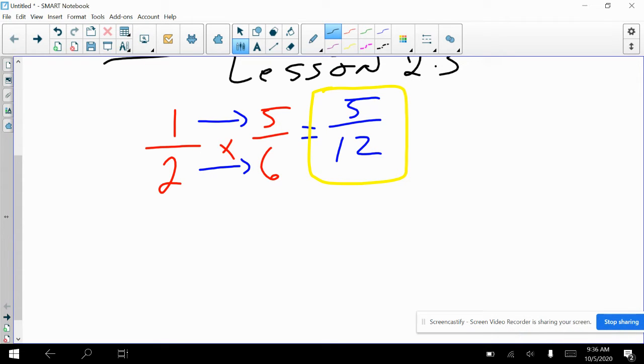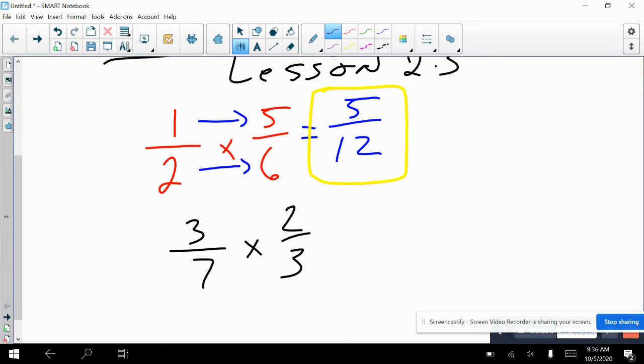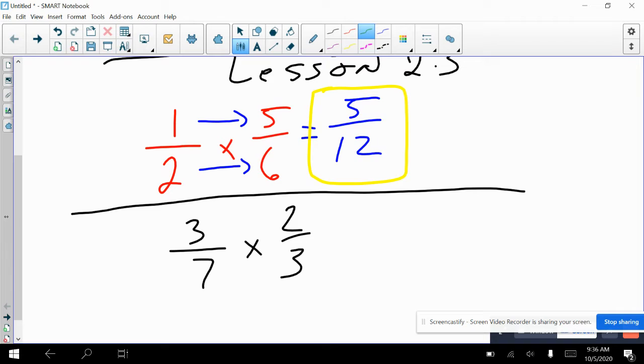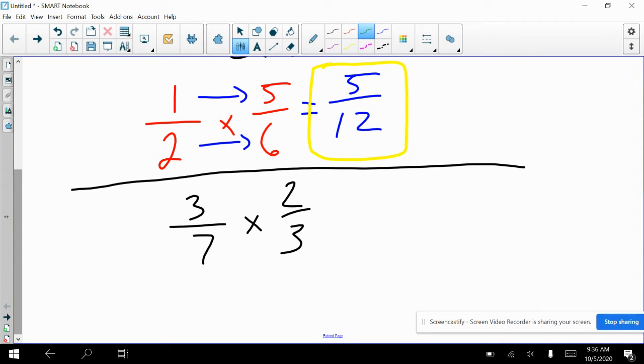Okay. All right, so what about this? The one thing that you're going to want to do, before you start any multiplication of fractions, there is something that you should look at before multiplying straight across.